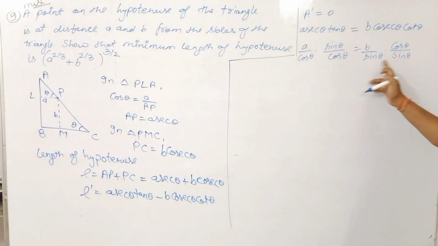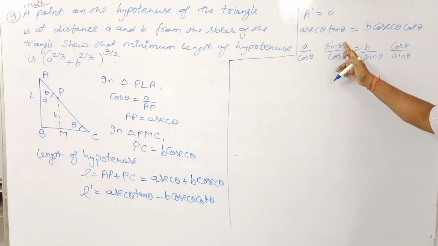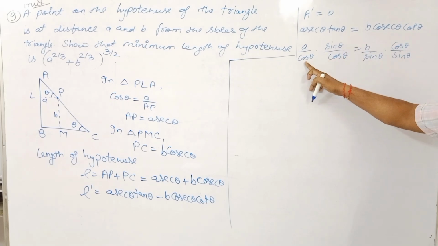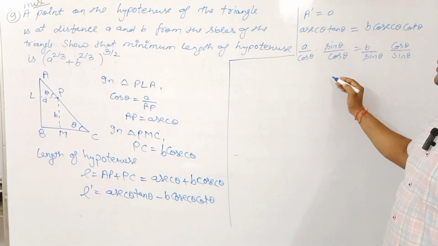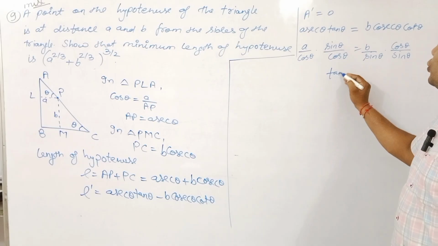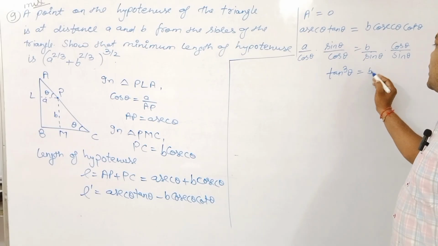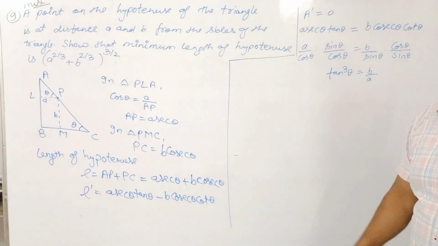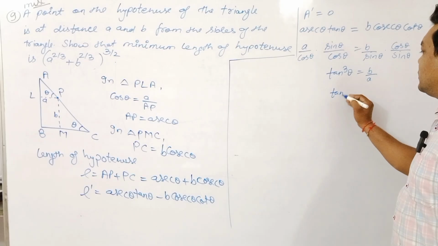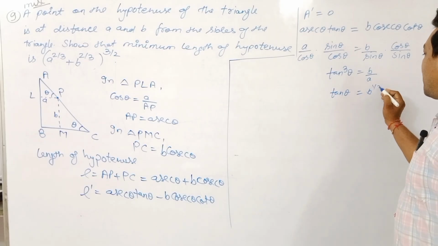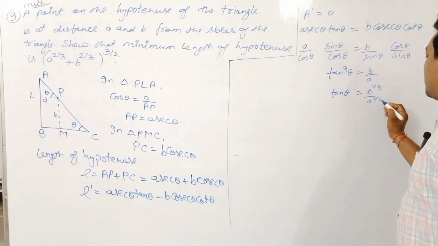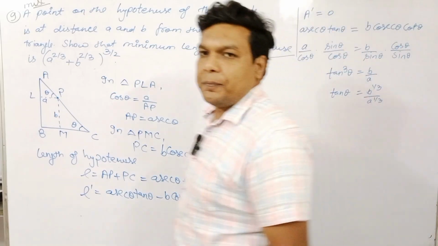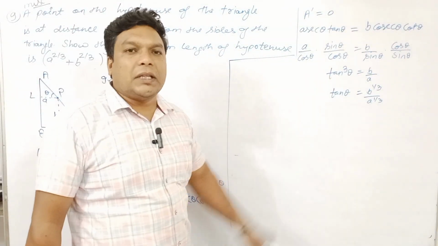Now look here, sin cube theta and cos cube theta. So you can say it is tan cube theta equal to b upon a. So tan theta will be b^(1/3) upon a^(1/3), the cube root of b upon a.